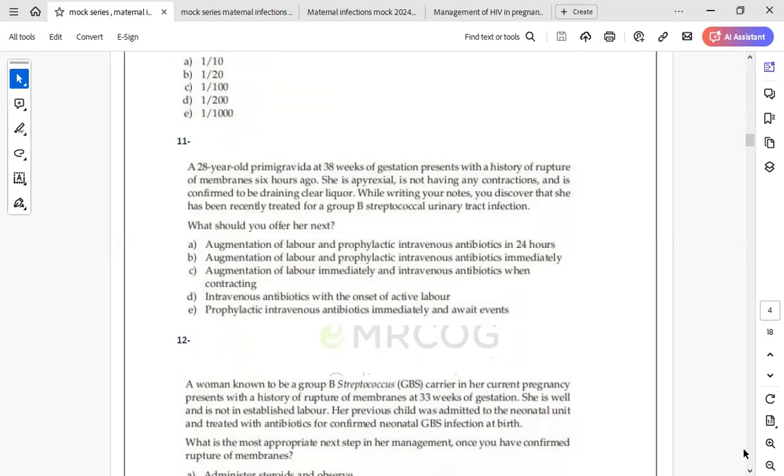Here we have a woman, 38 weeks, history of rupture of membranes 6 hours ago, apyrexial, not having contractions, draining liquor, and you discover that she has been recently treated for a GBS UTI.